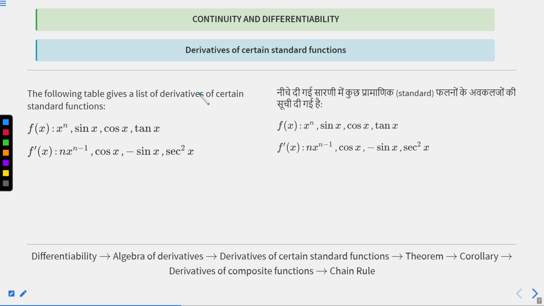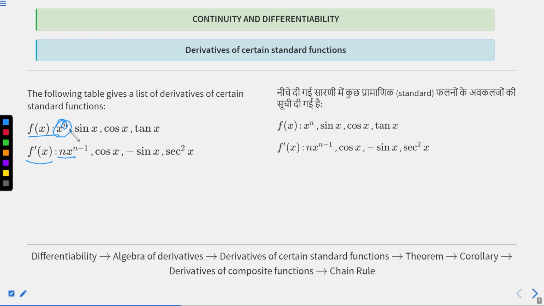Now, the following is a list of derivatives of some standard functions. Here f of x is x power n, then its derivative is n multiplied by x power n minus 1.